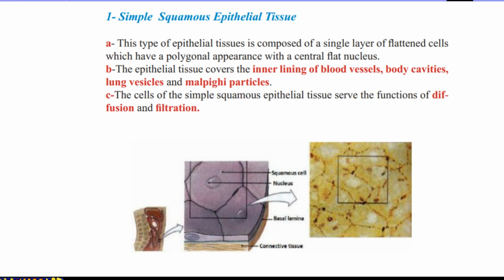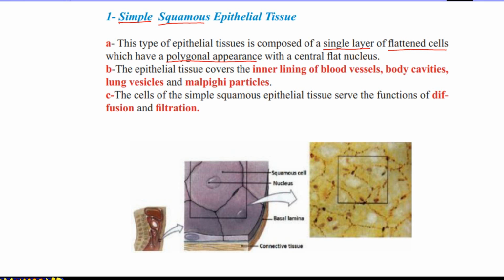The first one, simple squamous epithelial tissue, is composed of one layer. Single layer means it's simple, with flattened cells. Squamous means something like the scale of a fish.